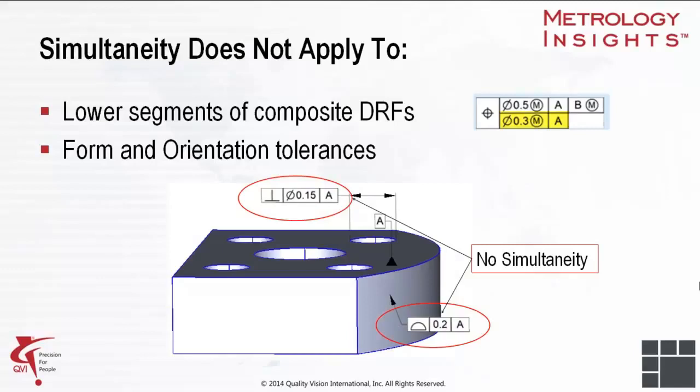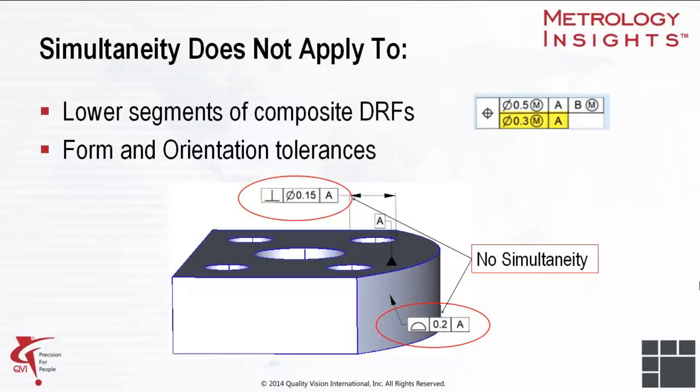Simultaneity does not apply in the following two cases. The first case refers to the lower segments of feature control frames. If we have several FCFs with identical tolerance types, datums, and datum modifiers, then simultaneity applies only to the uppermost segment, which can control location and orientation.